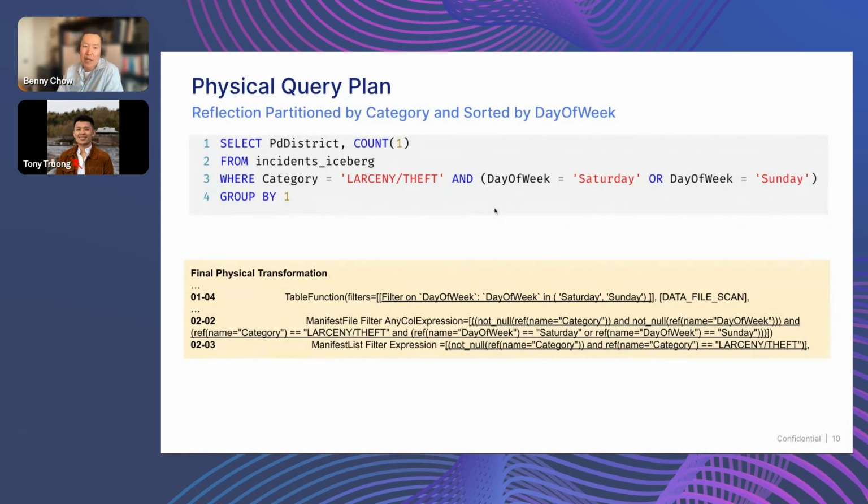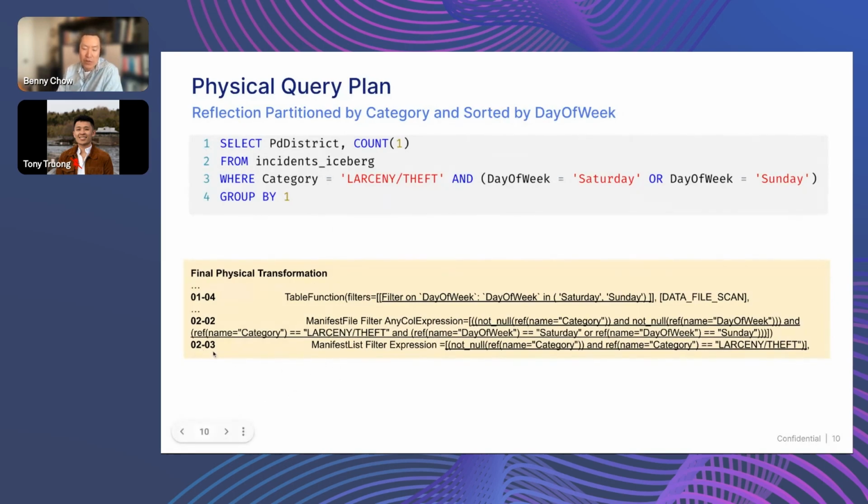Because we know category is one of the partition fields, we would expect to see partition pruning on this category column. Now, if we look at the physical plan for this query, this is just a snippet, but the way that you read these query plans is you read them bottom up, right?